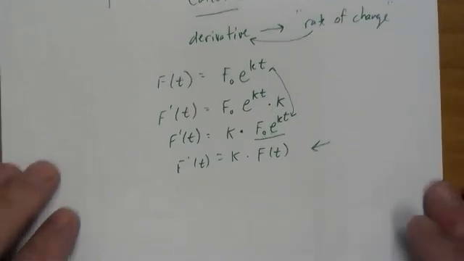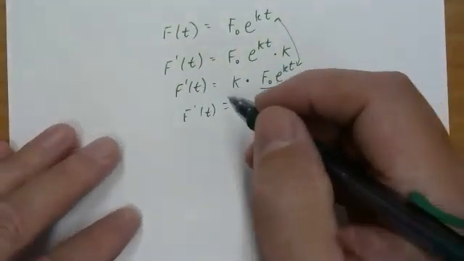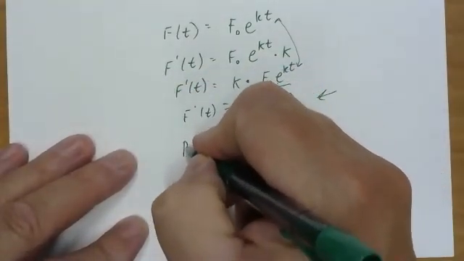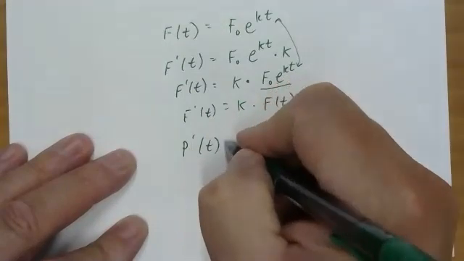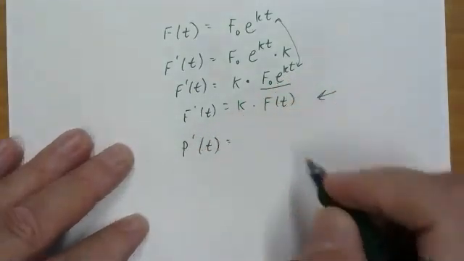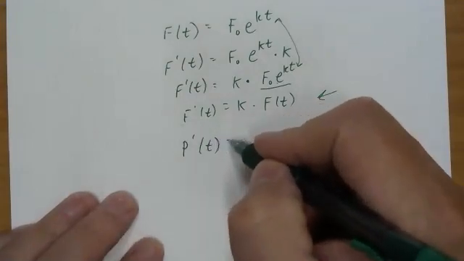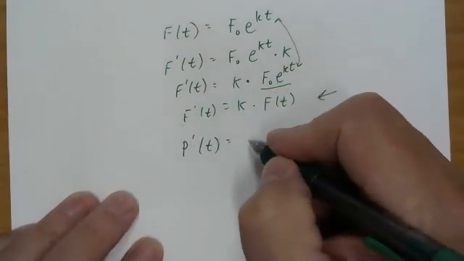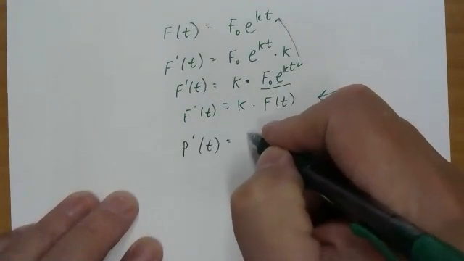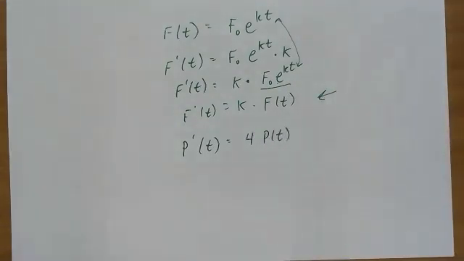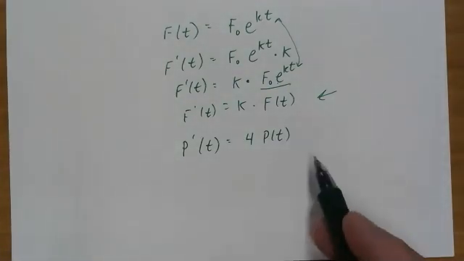So for instance, maybe they give you a problem and they say, here's some kind of population growth problem. And what they do is they actually give you the derivative of this population function. And they say, for this problem, the derivative of the population is 4. This is exactly how they give it to you.